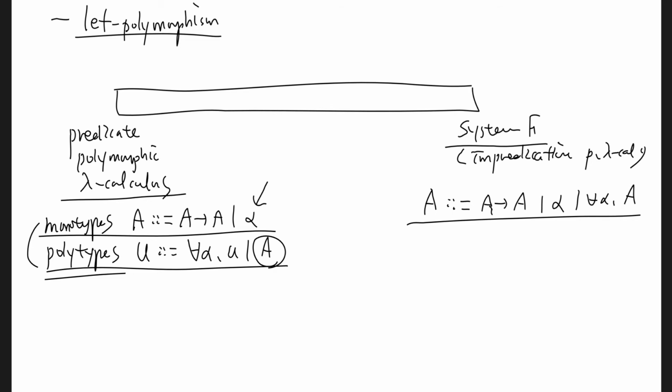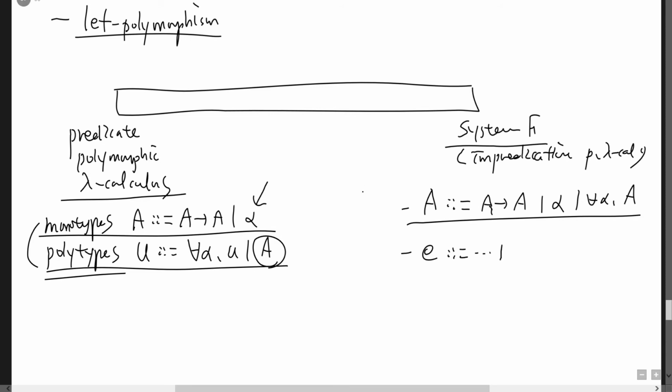And at the level of expressions, there's also a big difference. In the case of System F, expressions have these lambda abstractions. And because we have just one single syntactic category, this variable x in lambda abstraction can have any type.